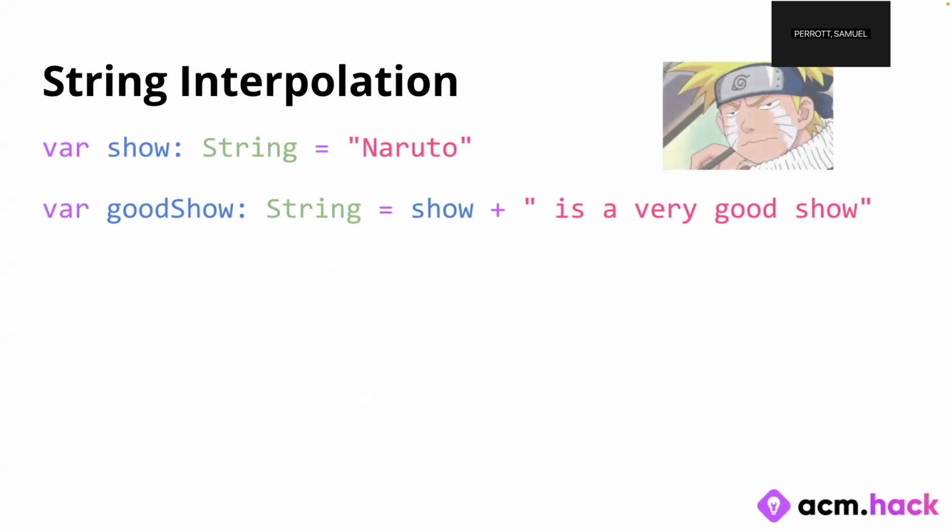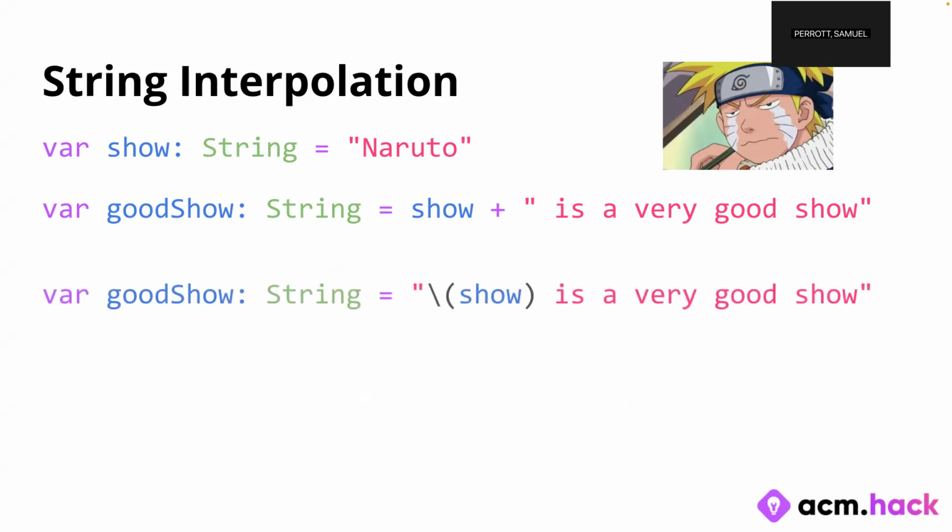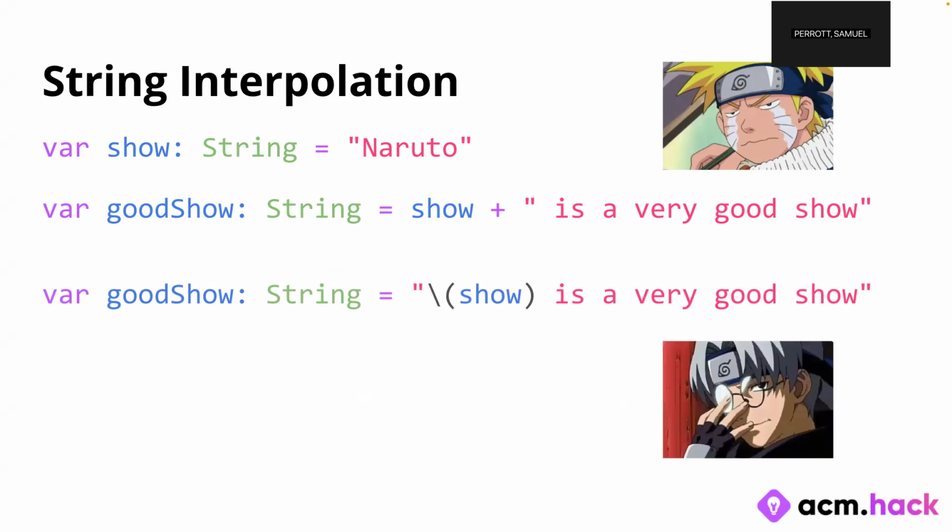And then one cool thing about Swift is that we have string interpolation. Instead of doing string concatenation like we have in this example where you do a plus, which is fine, you can also do string interpolation by doing a backslash parentheses and then the variable name into your string. You don't need to know this to code in Swift, but it'll definitely make your life easier. So I'm just putting it out there.